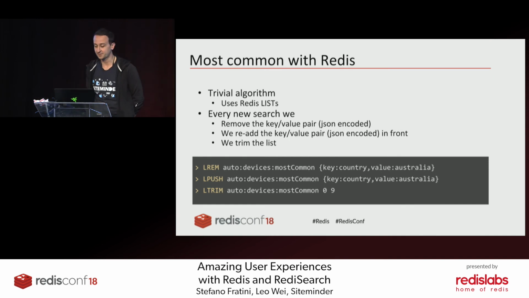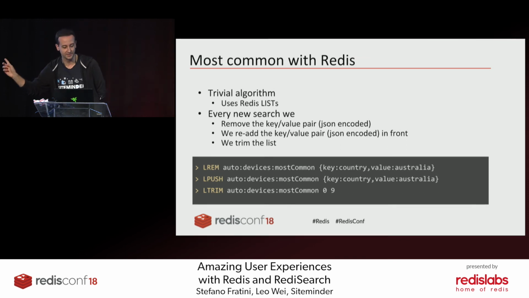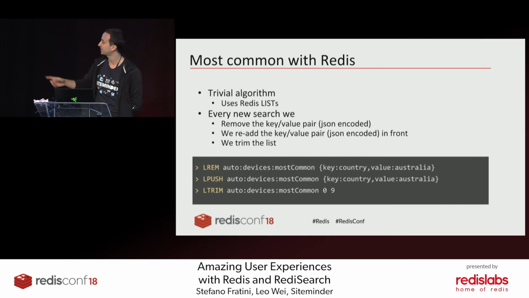And it uses lists, for example. So if we do a search and we identify each search as a key value pair, and we just JSON encode it, we then remove it from the list, add it on top, and then trim the list. This algorithm is particularly simple, and it feels a bit weird the first time. I can see the faces, but it feels a bit weird the first time you see it, but it's guaranteed to actually work under concurrency.